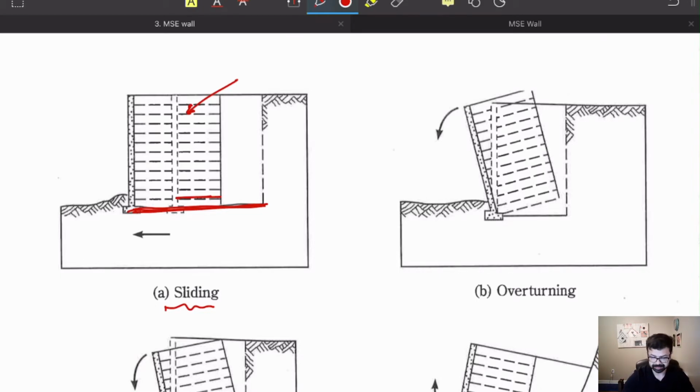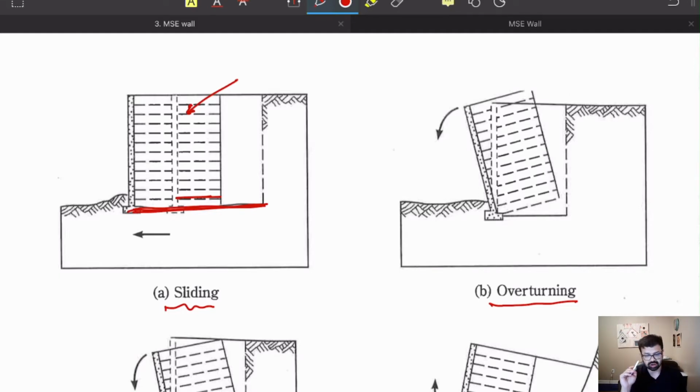The second one is the overturning moment, or the factor of safety check for overturning. Overturning means the wall is too slender. If the wall is too slender, then with a small push, it's going to tilt. If it tilts, it's not going to retain the same amount of load.